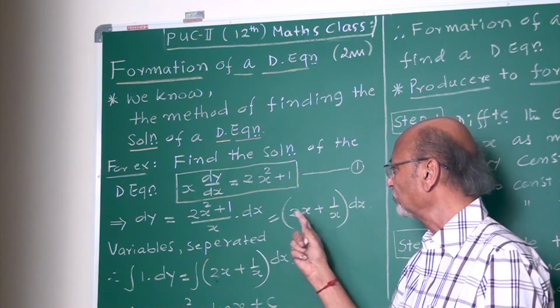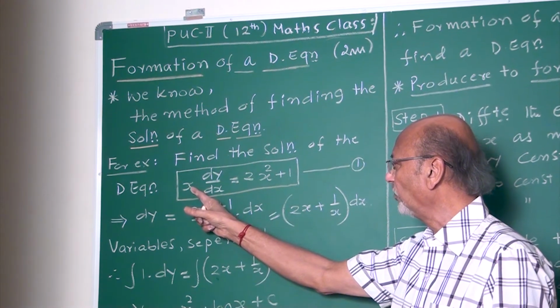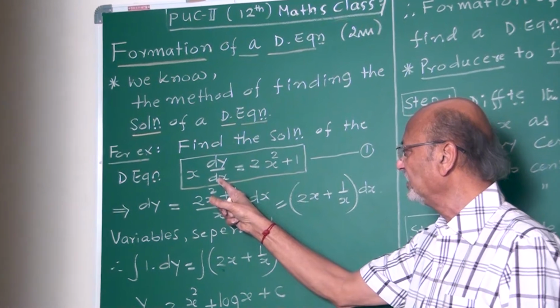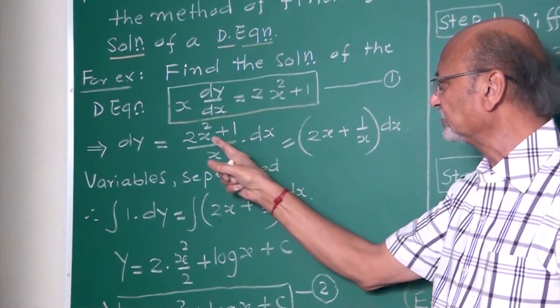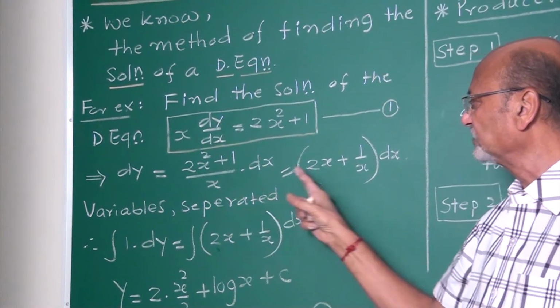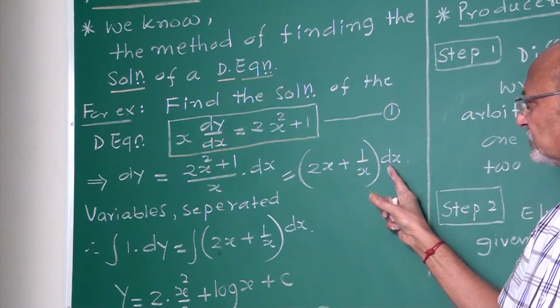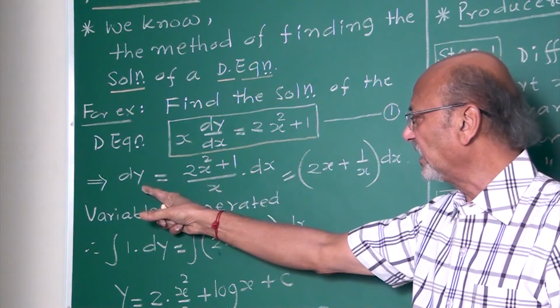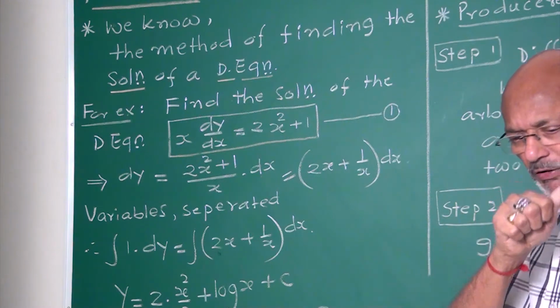RHS is 2x square plus 1. Above x becomes down, and dx comes to the numerator. Simplify this: 2x square upon x is 2x, plus 1 by x, into dx. Now dy equal to a function of x with respect to x.